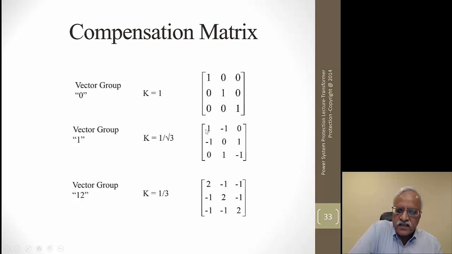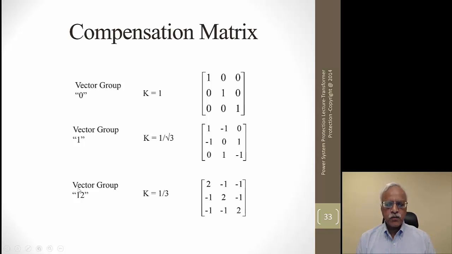So the relay current is IA minus IB. So if the low side winding is lagging the high side winding by 30, that is dy, on the Y side we had connected CTs in delta. Essentially by selecting a vector group of 1, you are doing the same thing, and the magnitude is adjusted by this magnitude correction factor K.